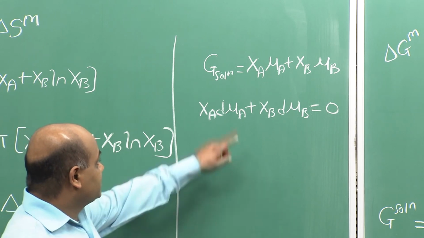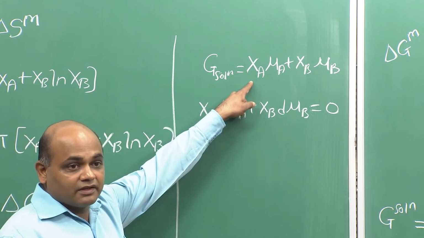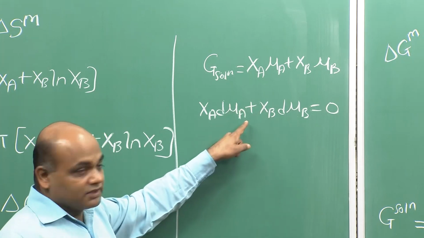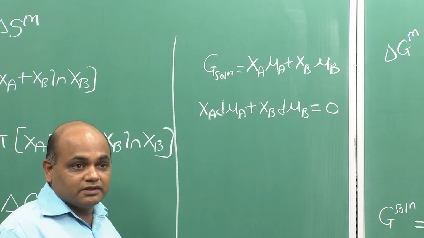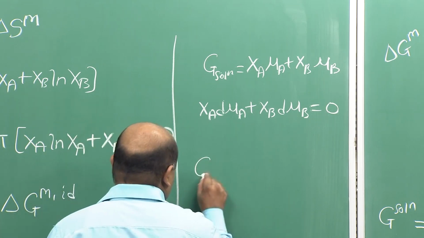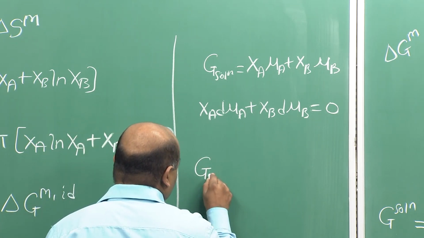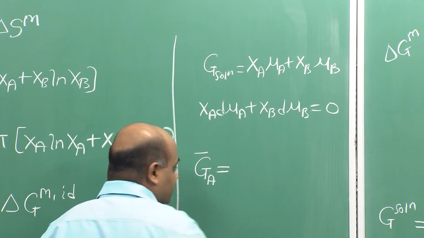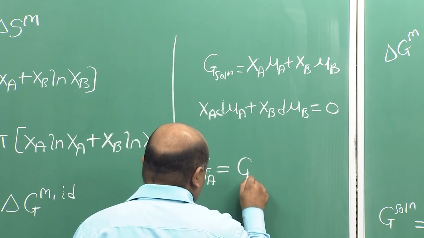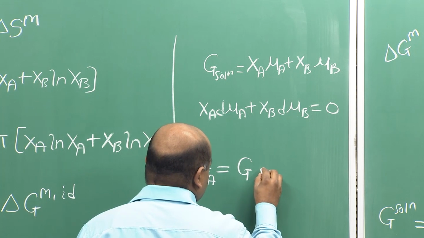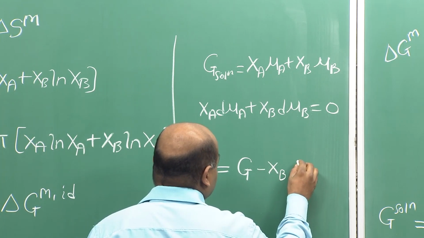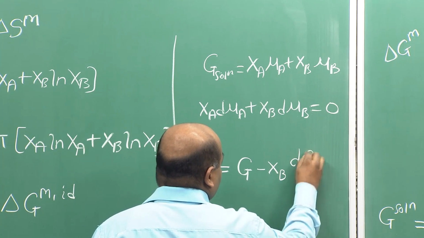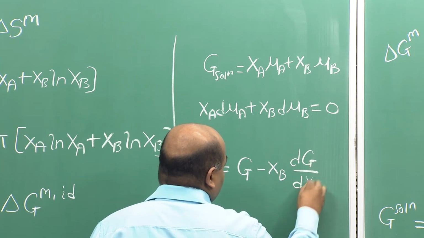Now, if we differentiate this equation and then use the Gibbs-Duhem equation and do some rearrangement of the terms, we will get the equation for G A bar, which can be written as G A bar is equal to G minus X B times dG by dXB.